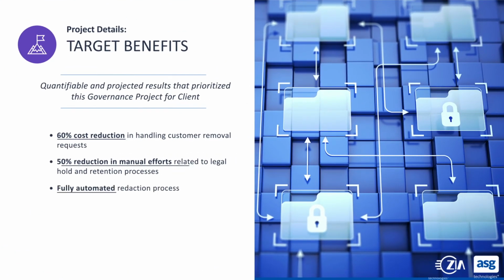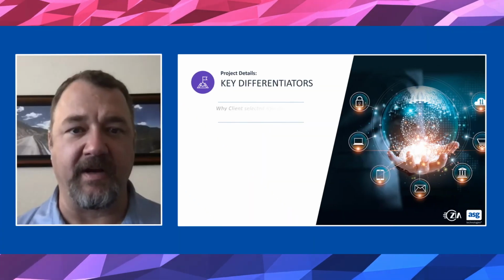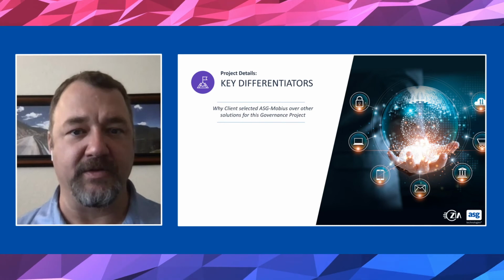And third, but certainly not least, is a fully automated redaction process, which is policy-based, that can be applied to documents as they're being ingested into the system, and then applied at the time of retrieval when an end user requests the document to take a look at it, with full audit records around it as well. So these were differentiators that helped our customer select the solutions we were proposing.